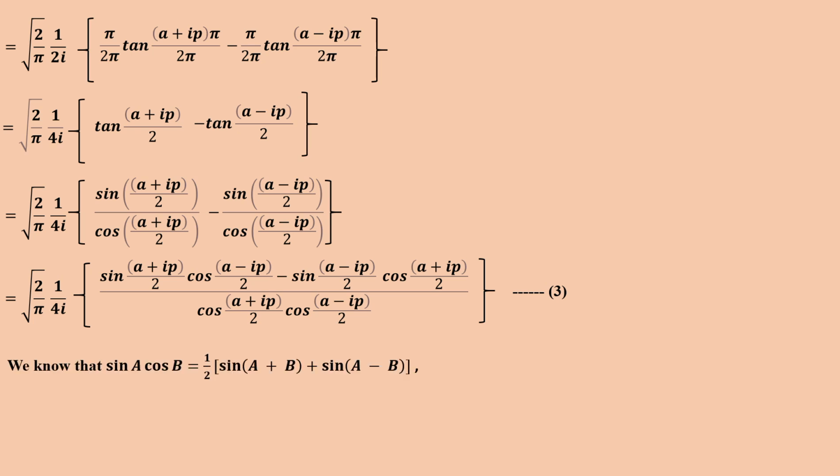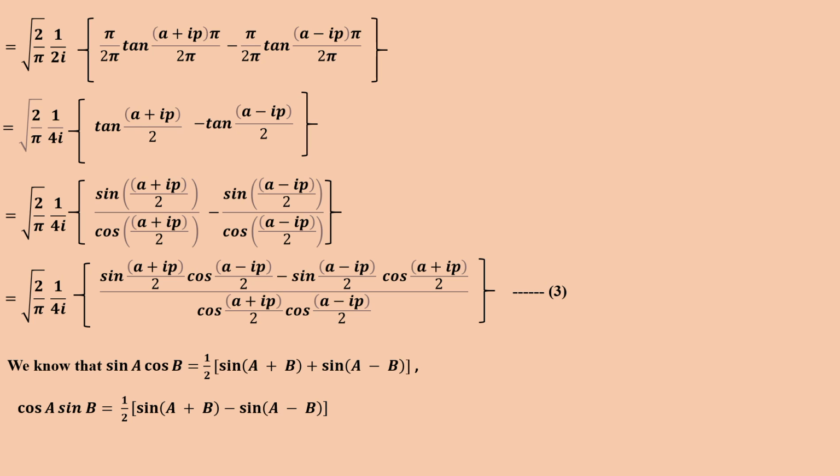So we know sin a into cos b is equal to half sin a plus b plus sin a minus b. Here we have cos a sin b. See, in the previous step you are having sin cos minus sin cos, right, sin a cos b.